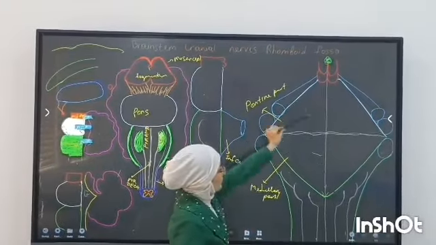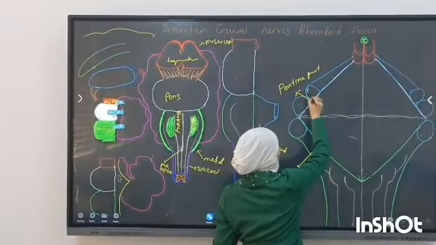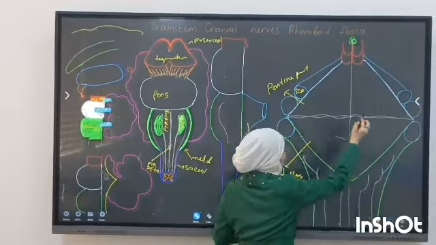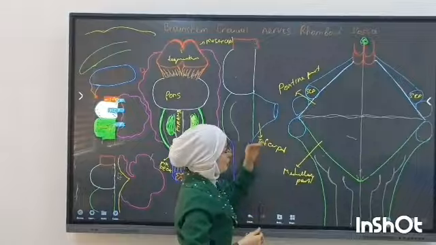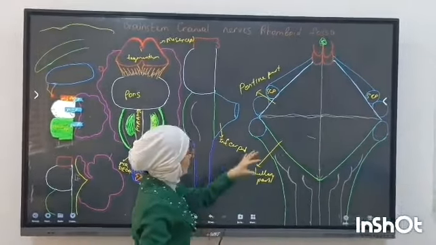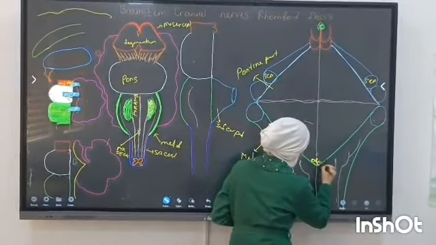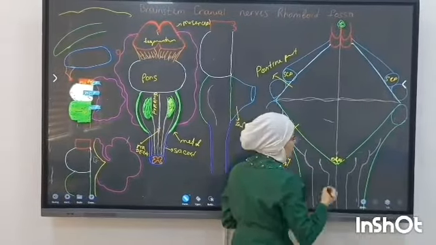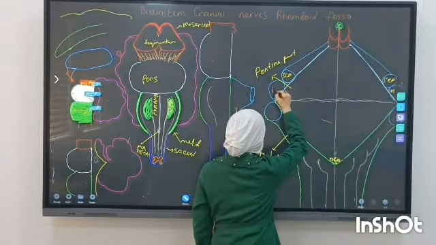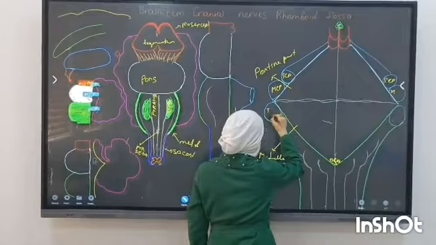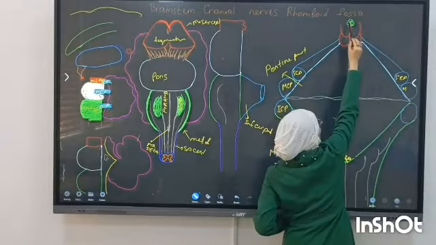The boundary of the rhomboid fossa superiorly is the superior cerebellar peduncle. Yes, this is the superior cerebellar peduncle, the superior boundary of the rhomboid fossa. Inferiorly, it is named the obex. And laterally are the middle cerebellar peduncle and the inferior cerebellar peduncle. This is the pineal gland.